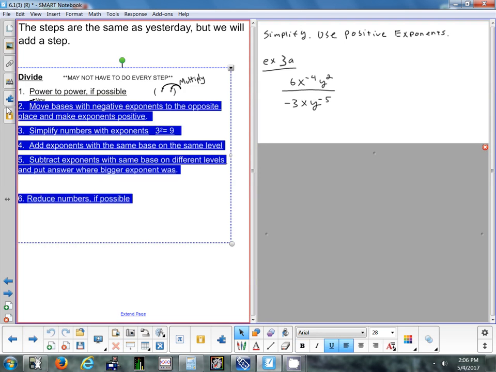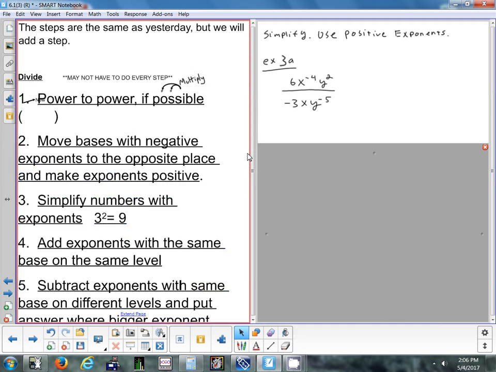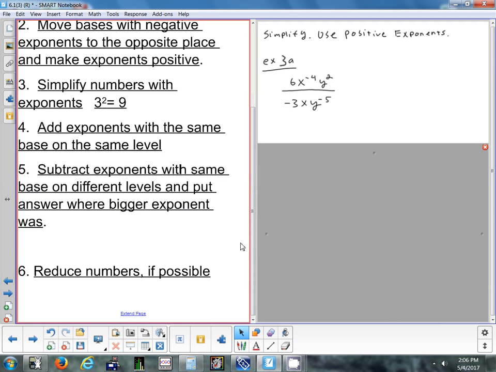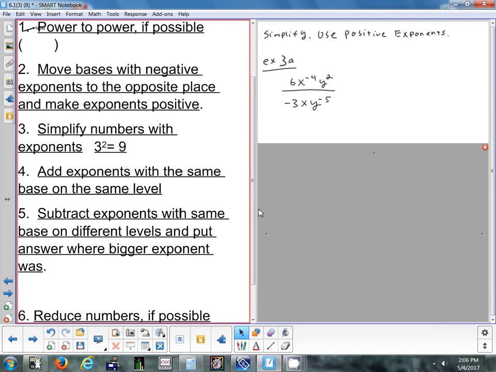All right, and we get the steps right here. Step 1, power to a power. Do I have that? For example 3a, that's going to be on the back side of your notes, guys. Do I have power to a power? How come, Liam? No parentheses, right? Okay. I'm going to look at step 2. Move bases with negative exponents to the opposite place and make exponents positive.